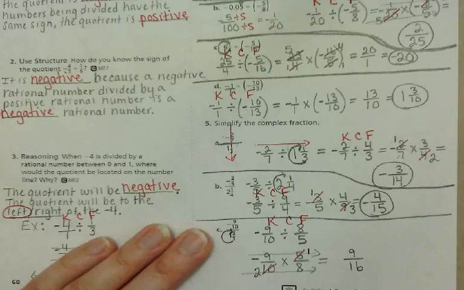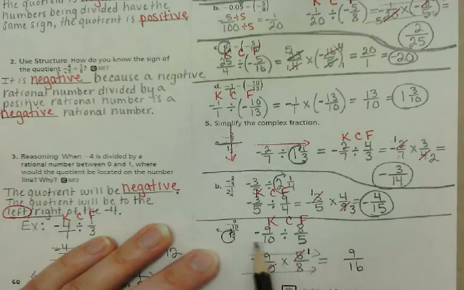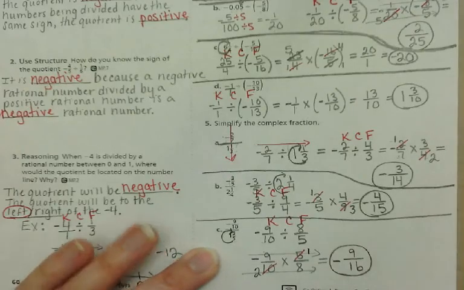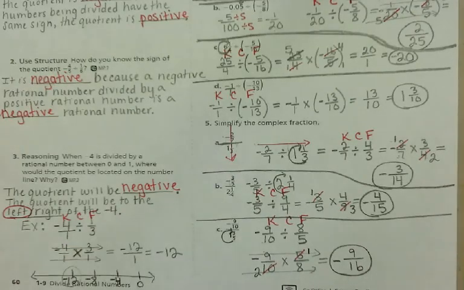I get 9/16, and now I want to go back and just check what sign the quotient should be. So opposite signed numbers here divided will give me a negative quotient of -9/16.